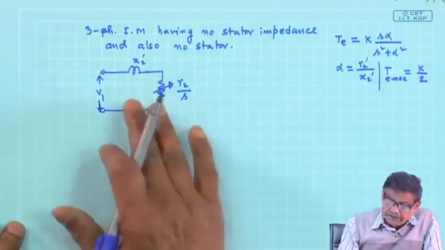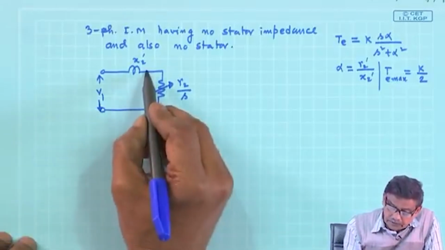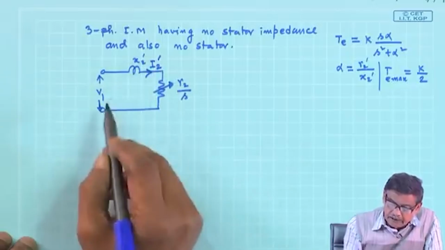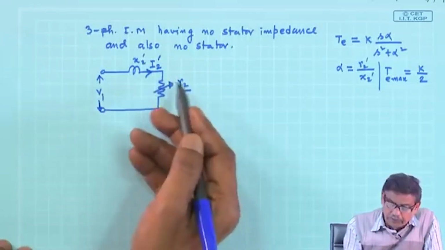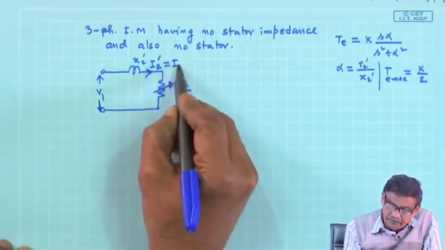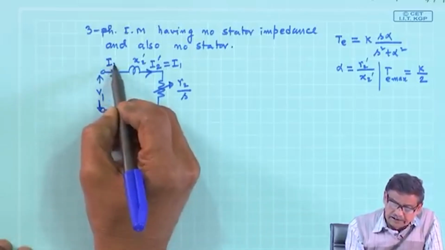But for this type of equivalent circuit, I want to record the current I 2 dashed, which happens to be equal to I 1 itself, because I have neglected all the things on the stator side.